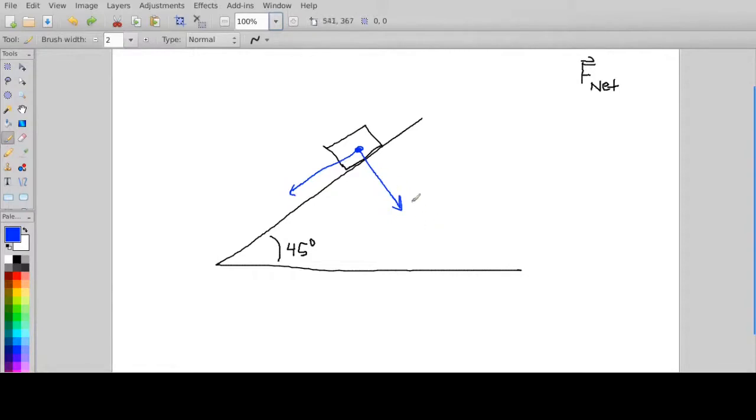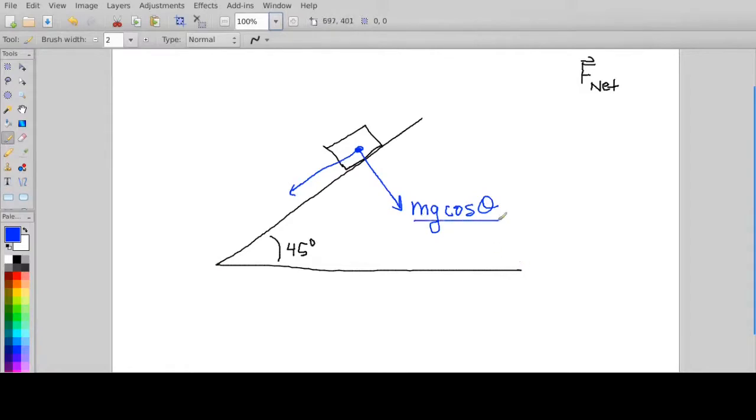And to calculate the perpendicular component, that turns out to be mg cosine theta, like that, okay? Now, I showed you why it's the cosine in the pre-recorded lecture. I'm not going to go over that again, okay? But it turns out that there's some geometry here.